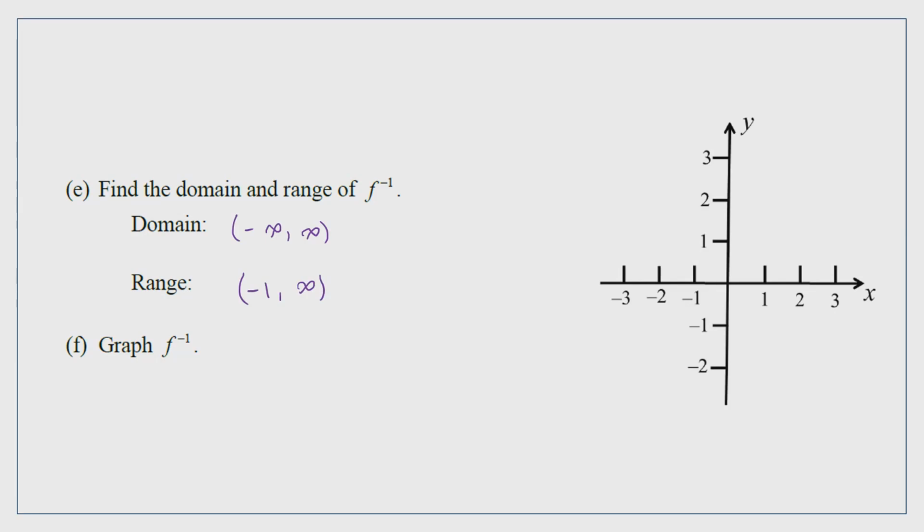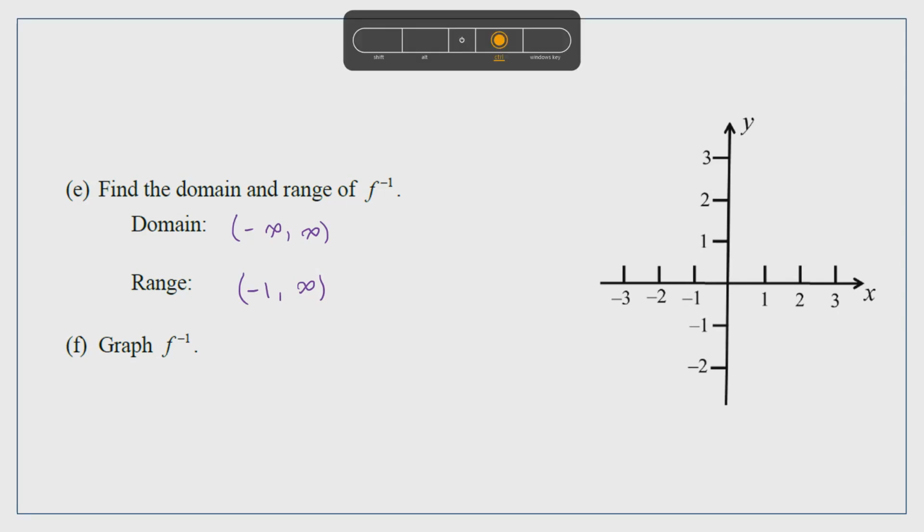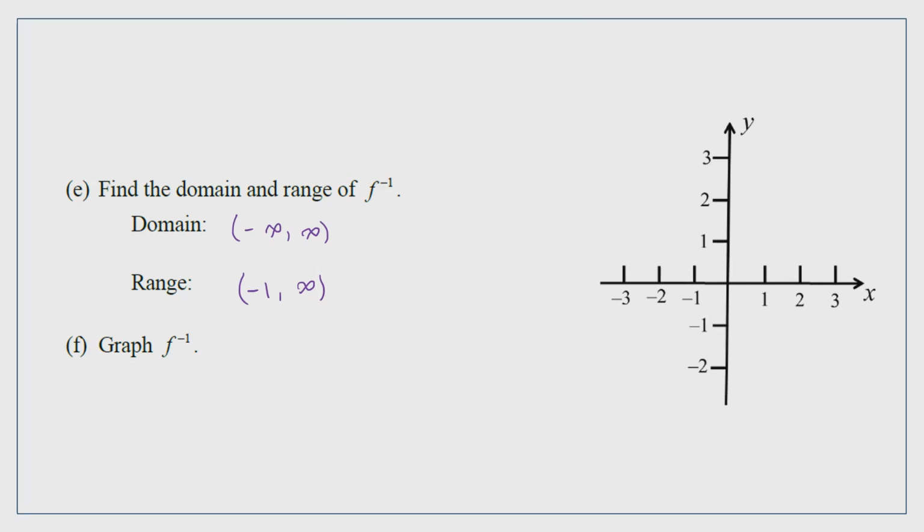Now let's graph the inverse function of f. First let's graph our function f of x. So we had our vertical asymptote here.